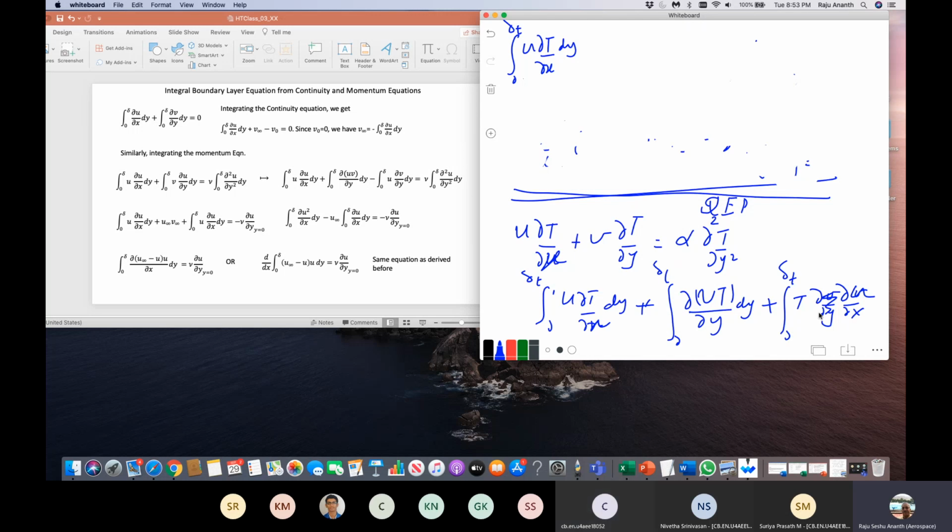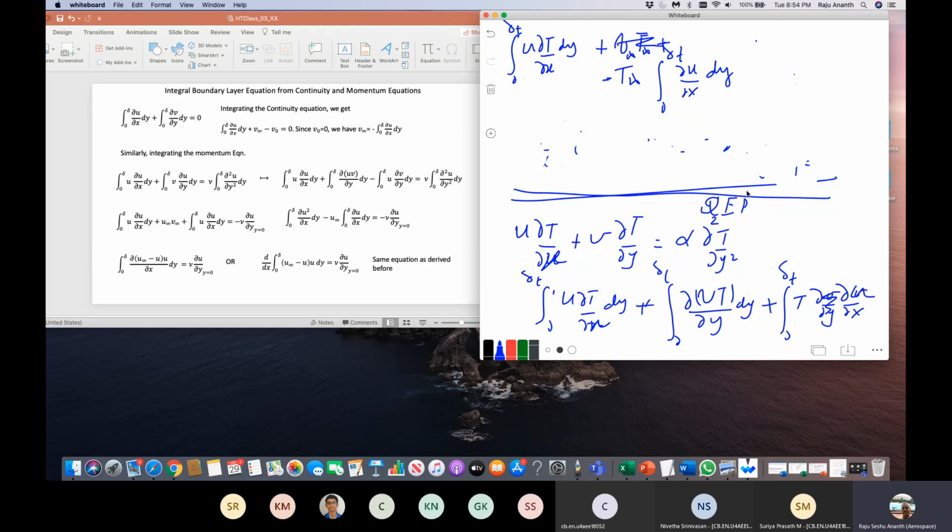Okay, no problem. So this plus vT, v infinity T infinity, minus that is 0, plus T. This is a problem there somewhere. Yeah, v infinity we already solved. What was v infinity? T infinity times minus the integral from 0 to delta T of du/dx dy.